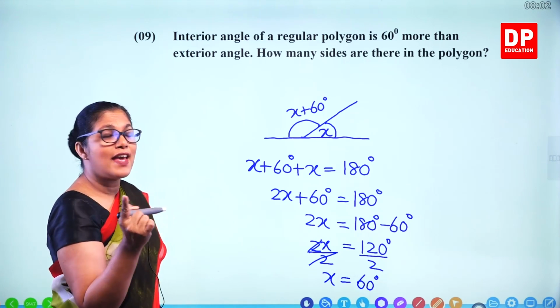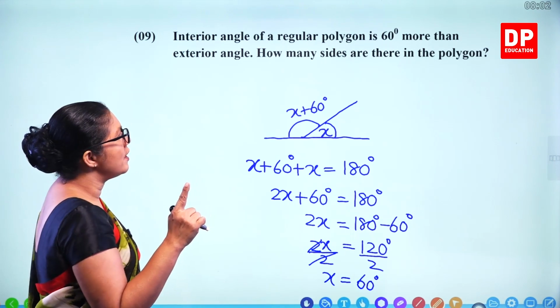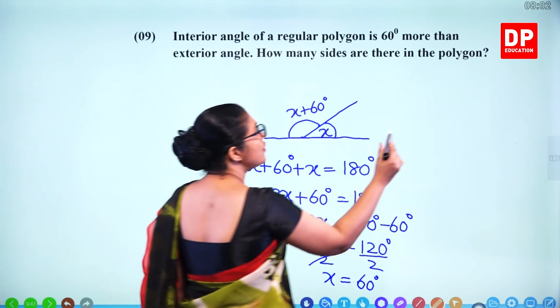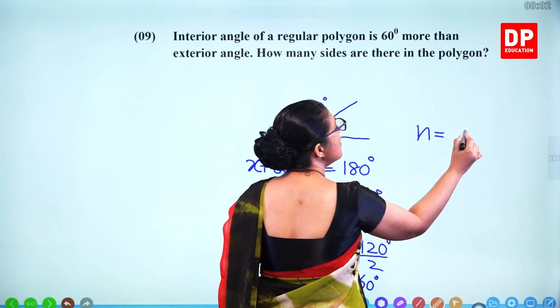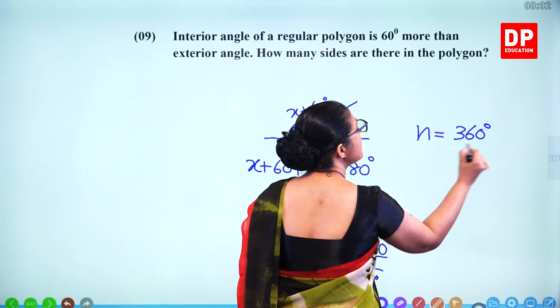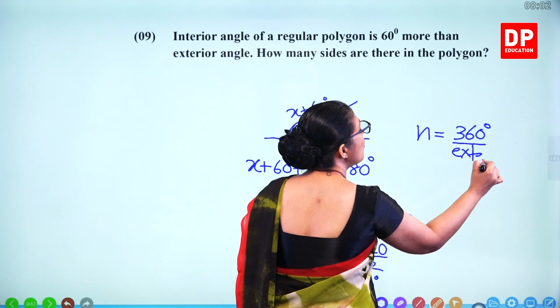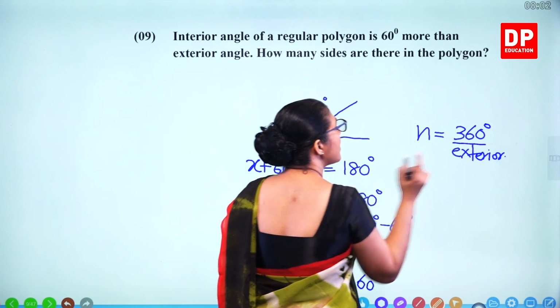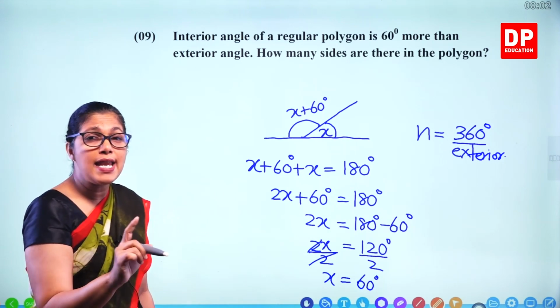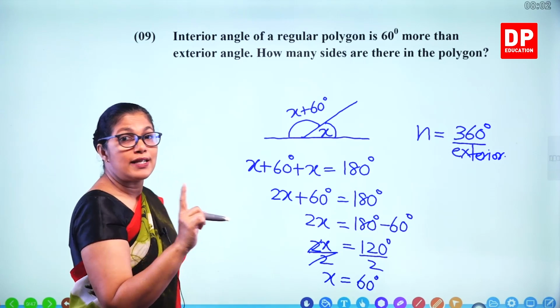How many sides are there? If it's a regular polygon, we can find out number of sides using 360 over exterior angle. Because we know sum of all exterior angles add up to 360 for any regular polygon.